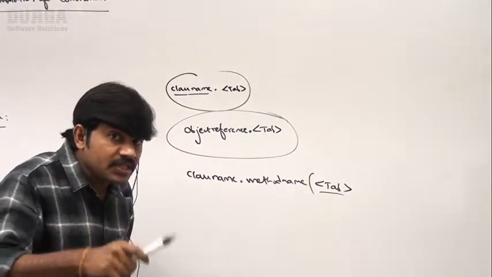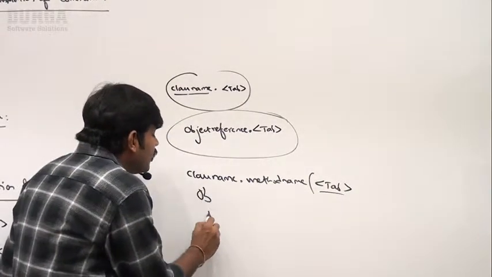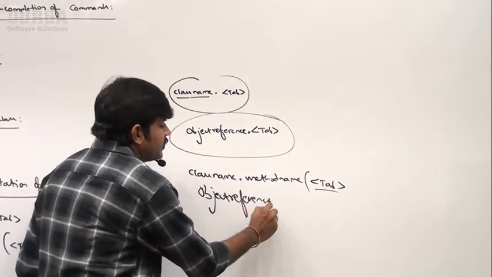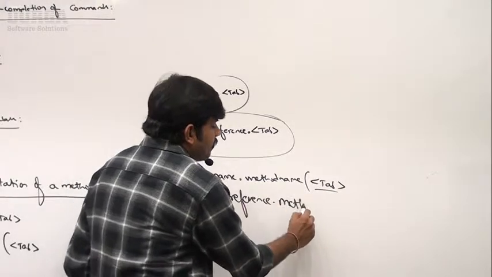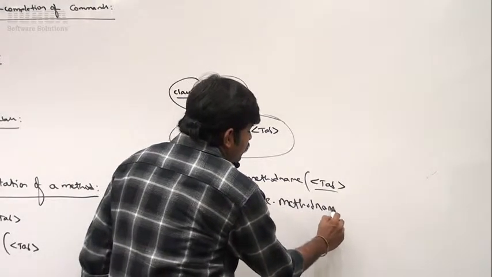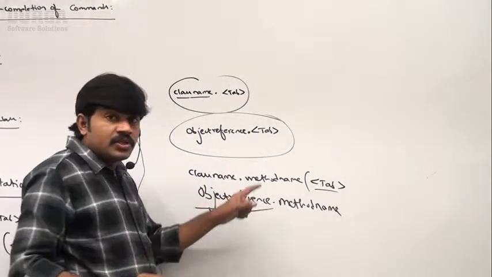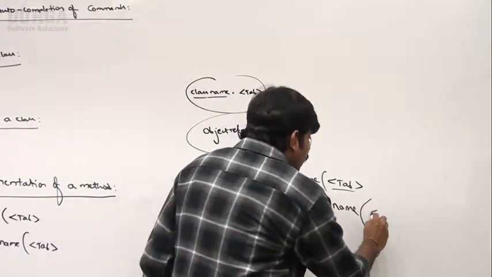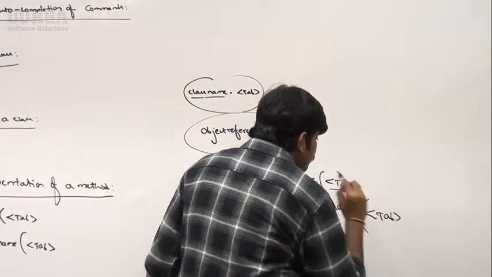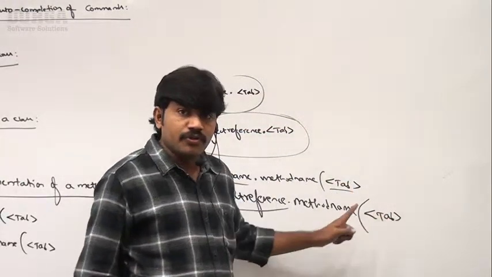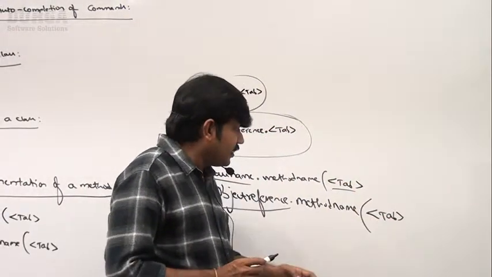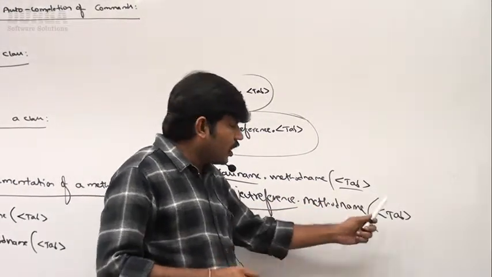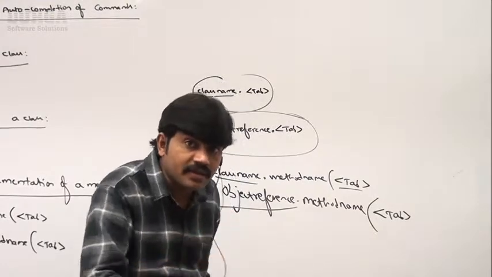If it is an instance method, what do I have to take? Object reference dot method name, because instance methods you can call by using an object reference, and static methods you can call by using the class name. That's why, open bracket and tab. Now, related to this instance method, what argument it is expecting and what the return type is, we get by default.